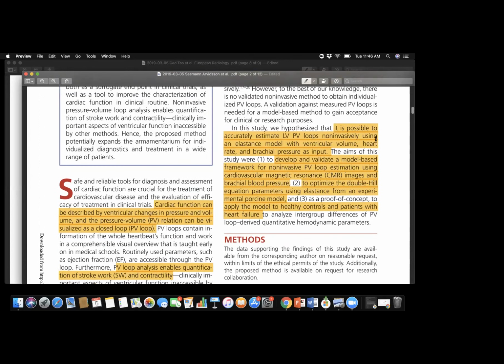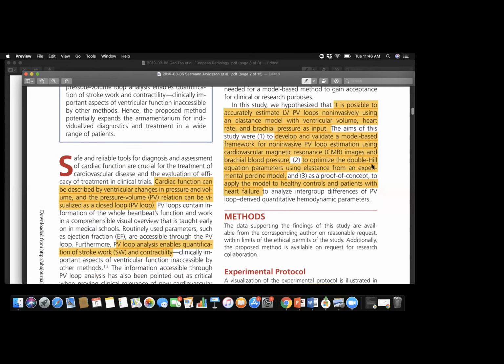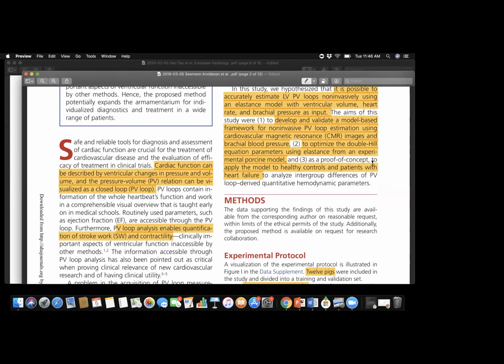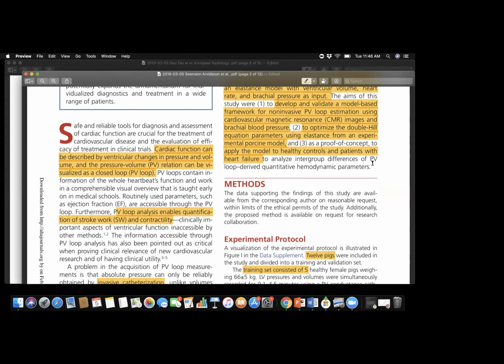So there were three aims: to develop and validate a model-based framework for this non-invasive assessment, to optimize the double Hill equation parameters, and once they validated that model, as a proof of concept, to apply it to a few healthy controls and patients.